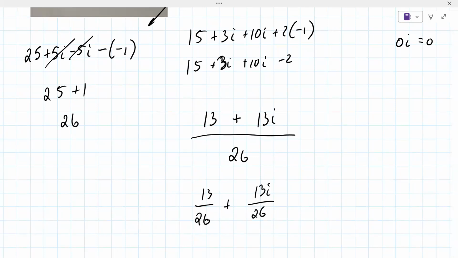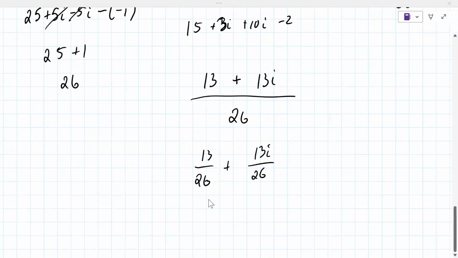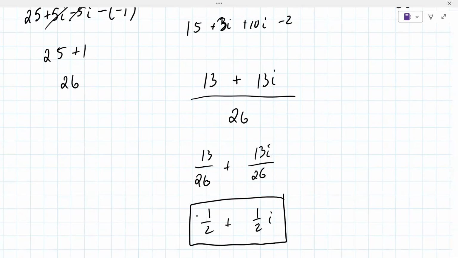The number on top is smaller than the number on the bottom. 13 divided by 26 would be 0.5, or 1/2. So one plus 1/2 i. Okay, good. Any questions on that?